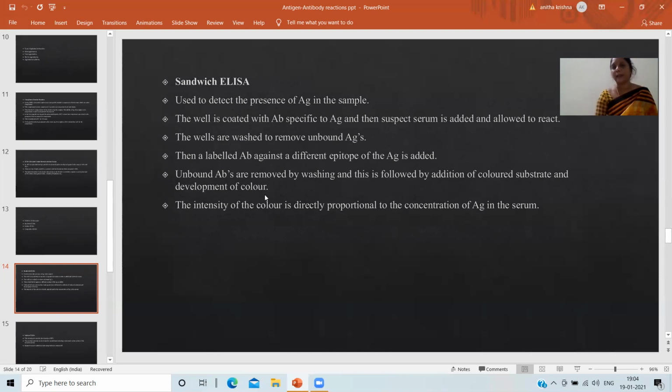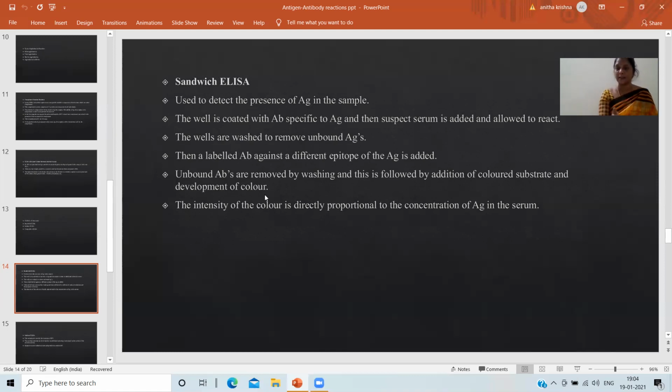And then they're allowed to react, and you have to wash the microtiter plates in order to remove the unbound antigens. And then once the washing is completed, this has to be washed with a suitable buffer at suitable pH. And after the washing is completed, you have to add the secondary antibody linked with enzyme, and this antibody should link with another epitope of the particular antigen.